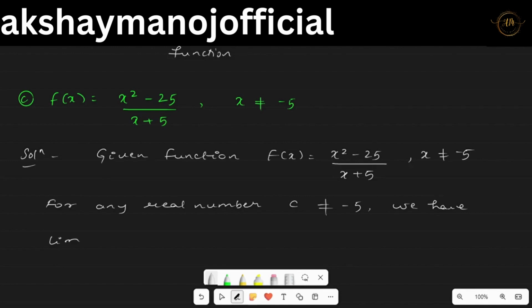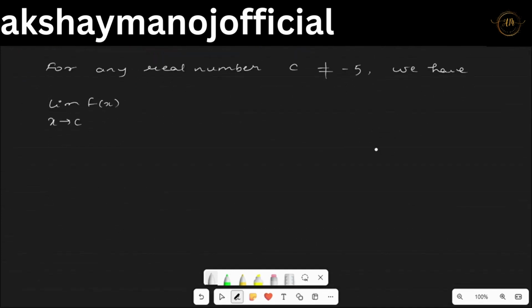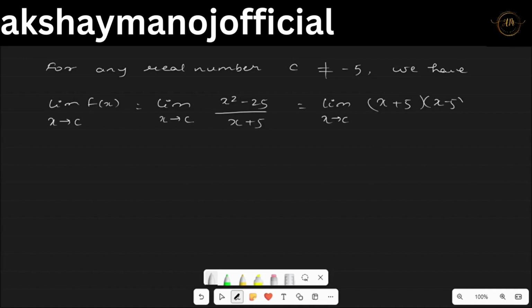limit of f of x as x tends to c is equal to limit of x square minus 25 divided by x plus 5 as x tends to c, which is equal to limit as x tends to c of x plus 5 into x minus 5 divided by x plus 5.